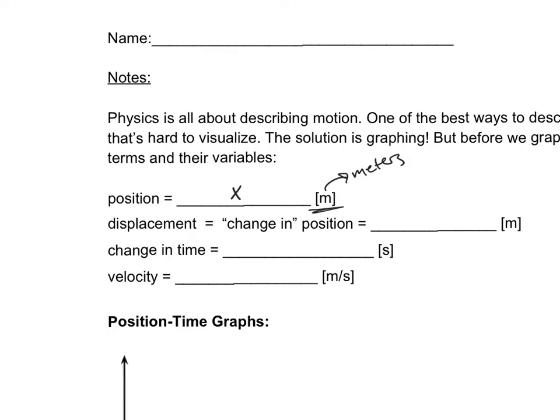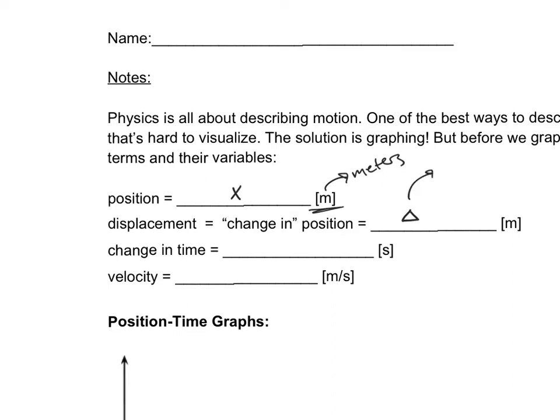Then we have displacement, which is defined as the change in position. In order for there to be displacement, something has to move from one place to another place. And that is called a change in position. If position is where it's located, displacement is a change in location. And we represent that using this delta, which is a Greek letter.